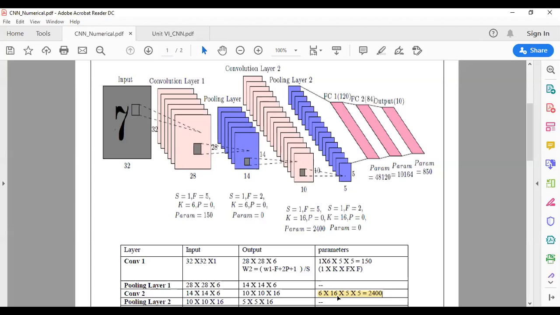These parameters are 6 into 16 into 5 into 5. Do you get it here? Can you compare this, all of you? It is 6 into 5 into 5. Here it is 16 into 5 into 5. Here input was only one layer, so into 1. Input is 6 here. This pooling layer 1 acts as an input to the convolution layer. So input is 6. So the parameters that I have is 2400.